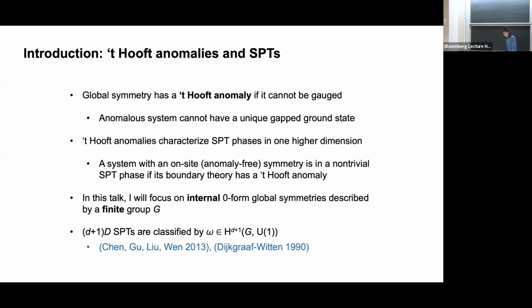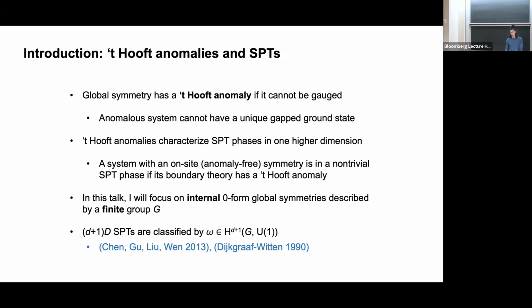Okay, so let me begin with a very brief general introduction. A global symmetry of a quantum system is said to have a 't Hooft anomaly if there is some obstruction to consistently gauging the symmetry. This kind of anomaly is very useful for constraining the dynamics of the system.